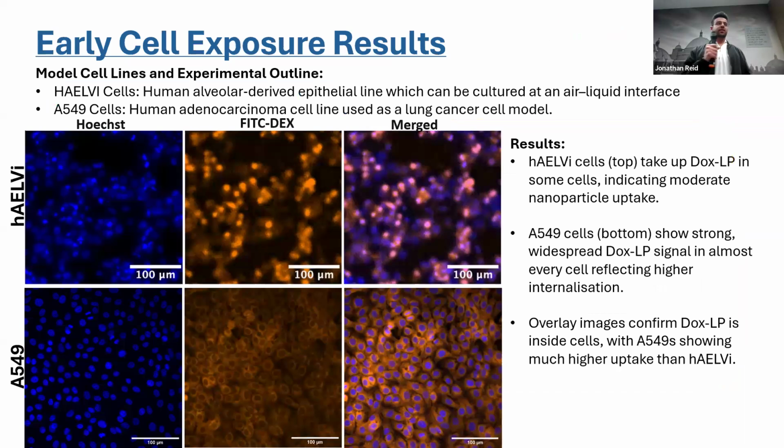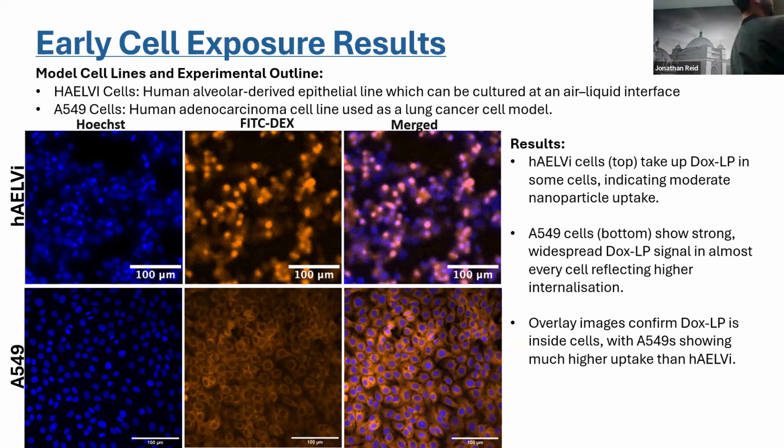Now, we did directly go and expose ourselves to some of these lipid nanoparticles. We've exposed them to healthy cell models and also some lung cancer models like A549s. And we had some preliminary early cell exposure results from this. So at the top, you can see the HeLa cells.